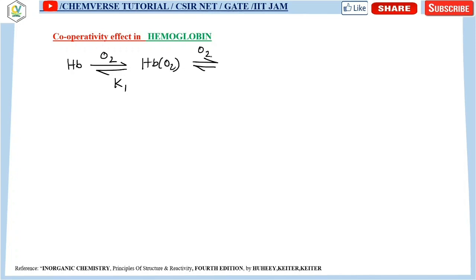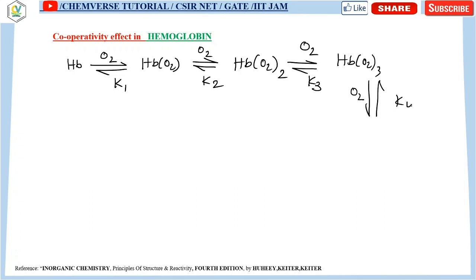Then it binds with another O2 molecule, producing HbO2 twice. Then it binds with another O2, forming HbO2 thrice, and with another O2, with constant K4, HbO2 four times. Now the experimental observation is that K4 is greater than K3, which is greater than K2, which is greater than K1.